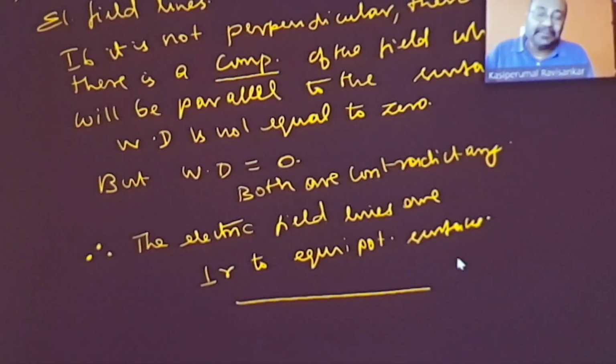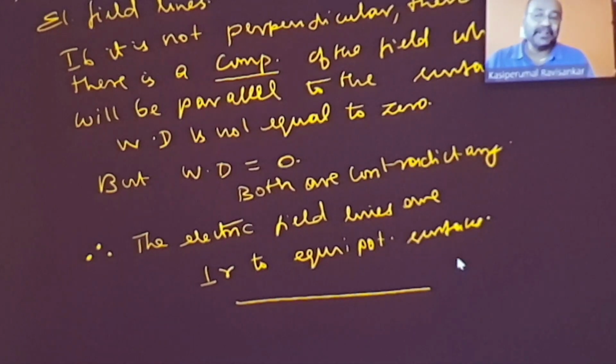The second one, in the case of a uniform electric field, which is represented by drawing parallel lines, the equipotential surfaces are parallel planes which are perpendicular to the electric lines of force. So equipotential surfaces are parallel to each other and perpendicular to electric field lines.